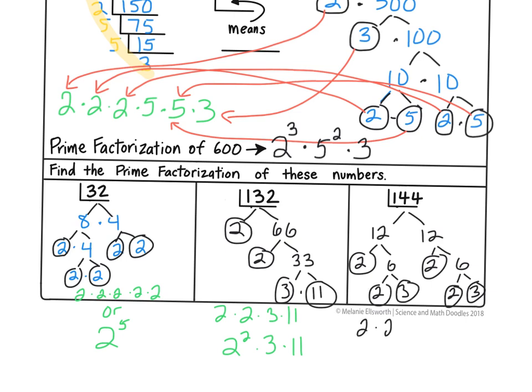So 2 times 2 times 2 times 2 times 3 times 3, or 2 to the 4th power times 3 to the 2nd power. So remember, either of these is correct. You can either use the written out or the exponents, but in the standard we are trying to get to the point where you're using exponents to express your prime factorization.